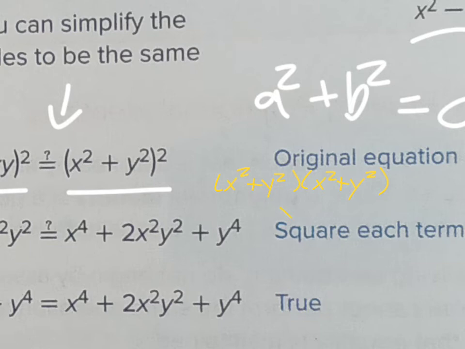So then it would be x to the fourth plus x squared y squared plus x squared y squared plus y to the fourth. And we combine like terms, and there's the right-hand side. So again, we're going to leave that alone now, and we want to see if the other side gives us the same thing. If the other side gives us the same thing, we're like, yeah, you're right. If it doesn't, then we're saying, no, good try.